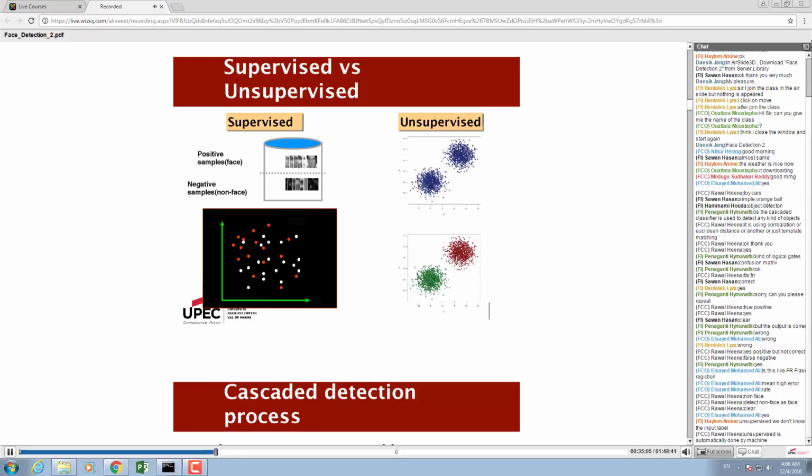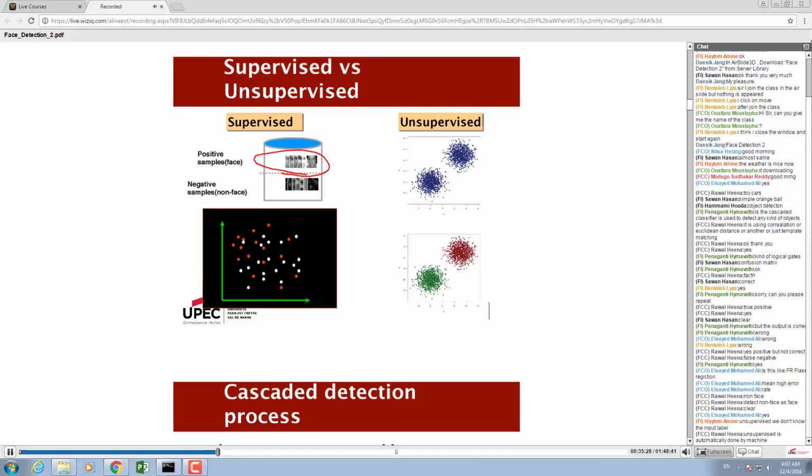If you are training a car detection system, then you have to have positive samples of cars. Okay, so in this case, positive samples means face images. So as you can see in this picture, in the database, we have a lot of face images.